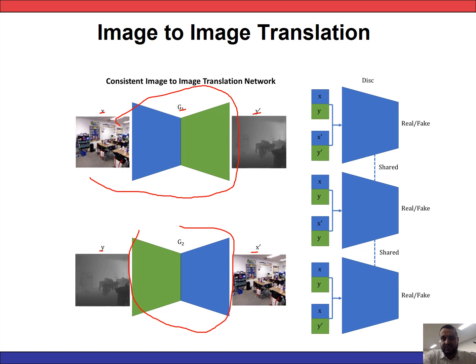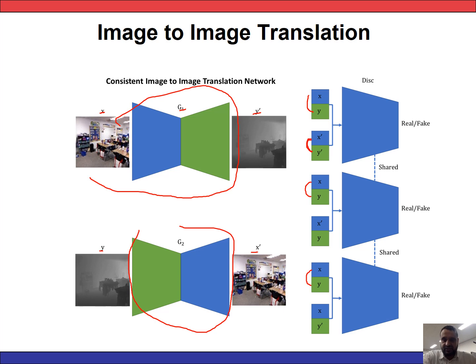So as I mentioned, the discriminator takes the real pair or the fake pair. In terms of the real pair, X and Y are both real. There are three combinations going into this network, and it then classifies them as real or fake. In terms of the fake pair, both the depth and the real images are generated.